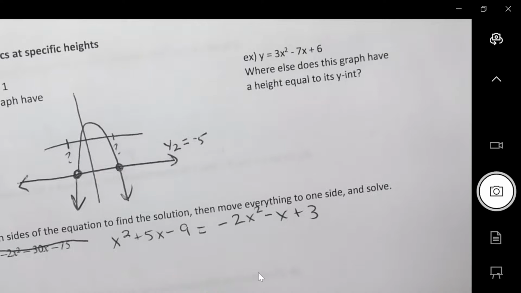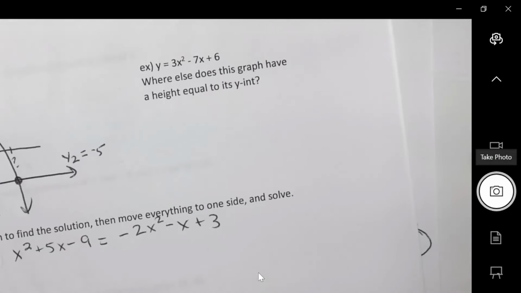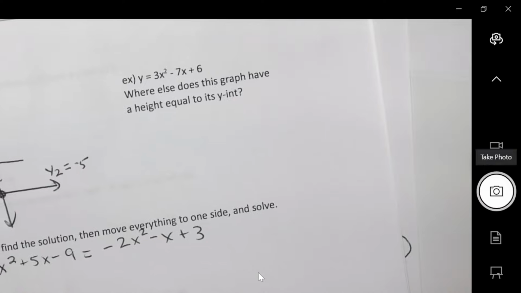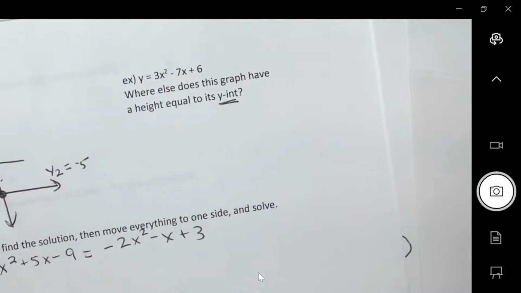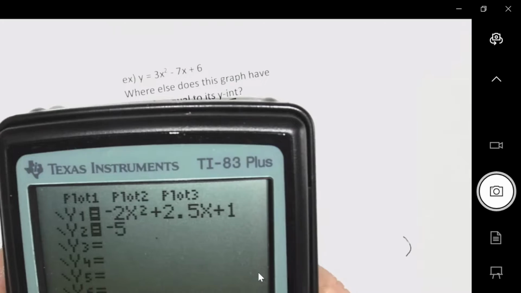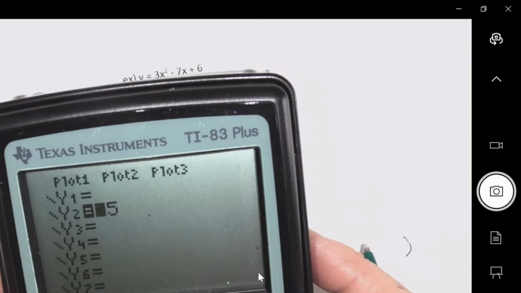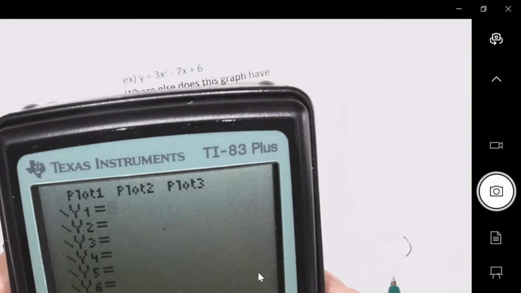Okay. Next one. Where else does this graph have a height equal to its y-intercept? So we're going to have to graph it. We're going to have to understand where the y-intercept is. So go to your y, clear your other stuff now if you're done.